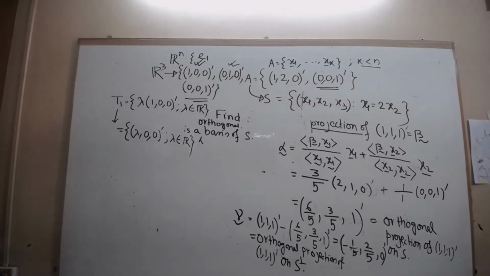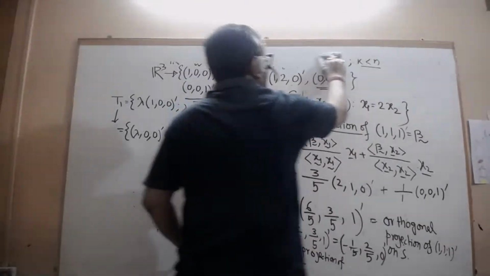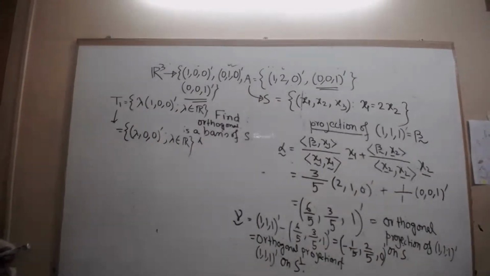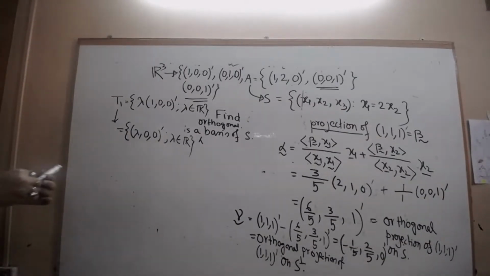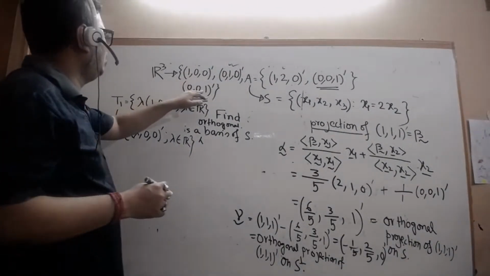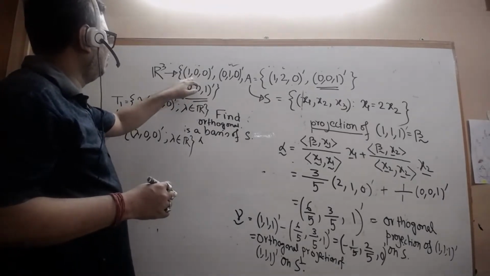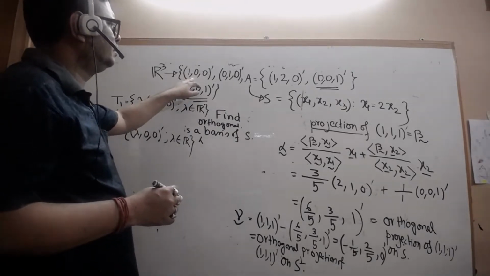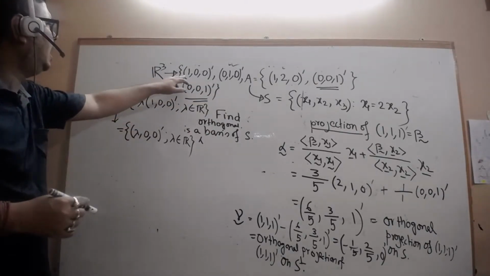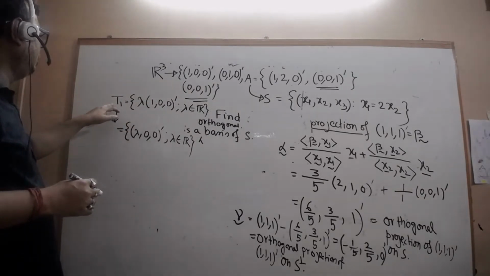So now go to the particular case. Here we see that except 0 0 1 and 1 0 0, these two, 1 0 0 does not belong to S. So I take 1 0 0 as a basis of T1.